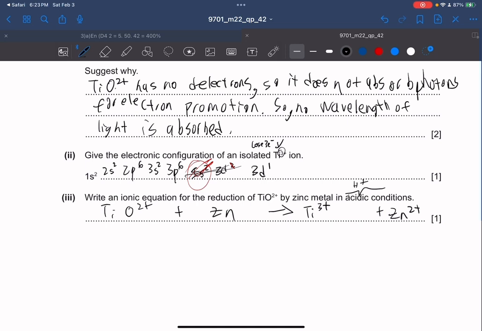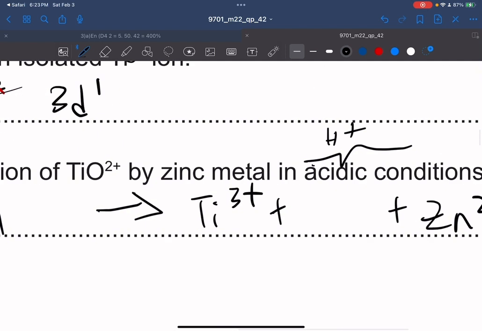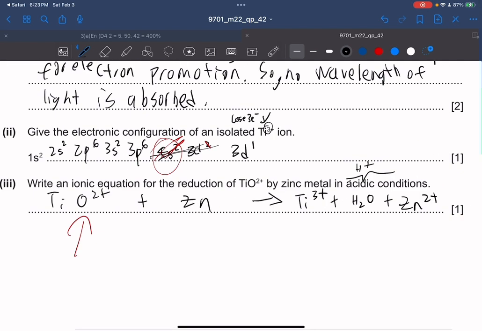Probably the reason why that's happening is because there's oxygen here. So if there's oxygen, we have hydrogen. Probably means that we are forming water to balance that on the other side. And now the only problem here is that we are still unbalanced in terms of charge and also in terms of hydrogen. There's no hydrogen on the left hand side yet.